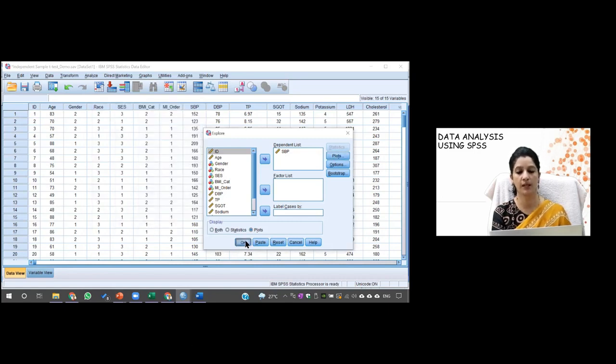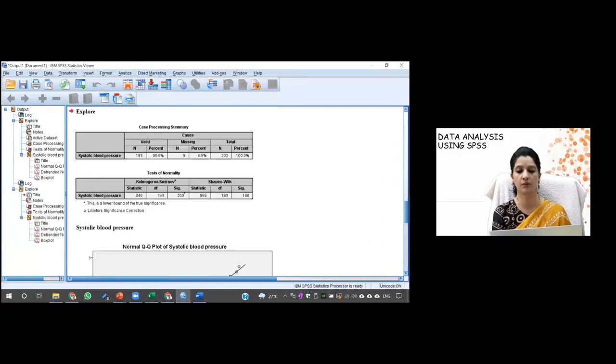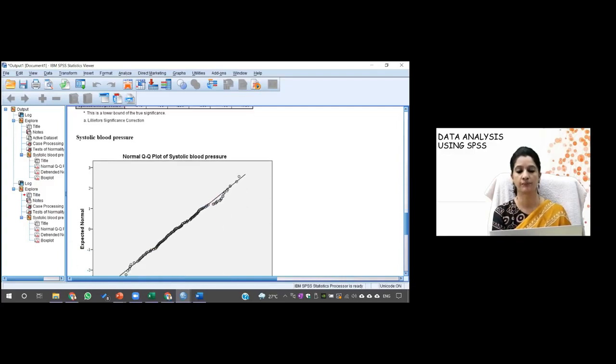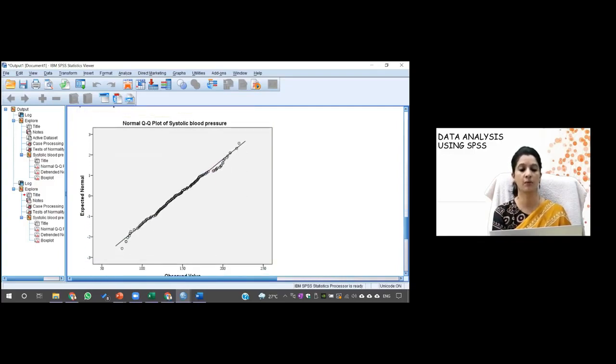If you press OK, the output will come again. This I was showing you about the significance level. And if you go down, you can see the normal QQ plot. Can you see this? All the values are along this diagonal line, very close to the diagonal line. That means the visual inspection of the QQ plot shows that the data is normally distributed.